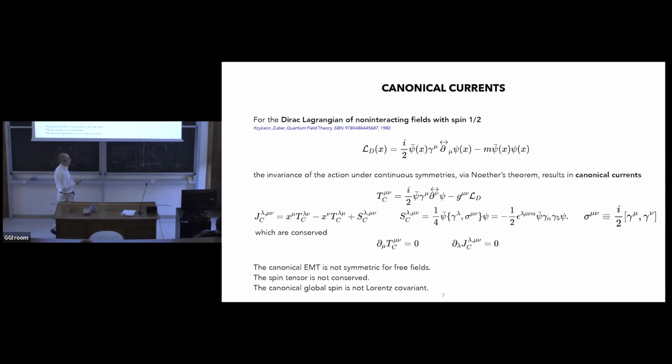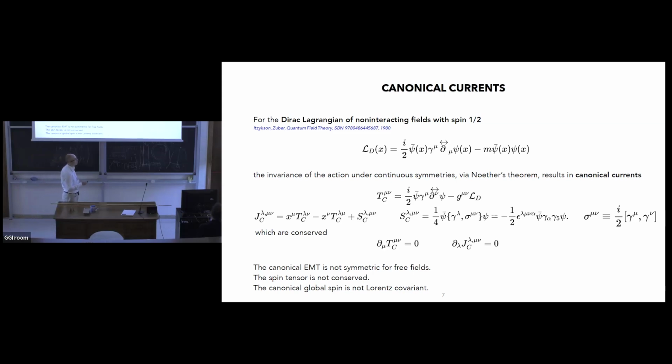You can use Noether's theorem, and then you will get your currents in the following form. By this procedure, they are called the canonical currents, and they are conserved. The problem at this level is that the energy-momentum current which you will get from this procedure is not symmetric.